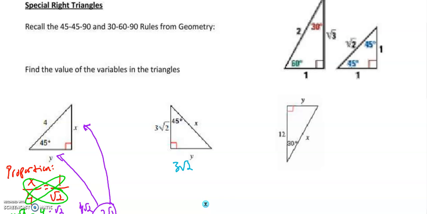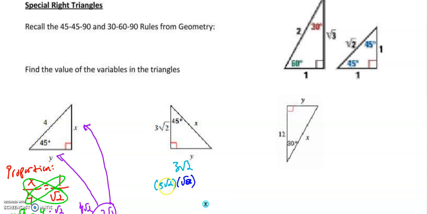So, based off of that, to find the x, you need to multiply by the square root of 2. You're not distributing the square root of 2 into 3 and into the square root of 2.